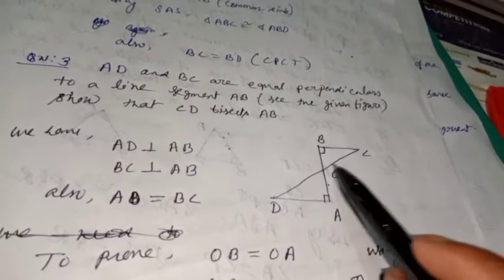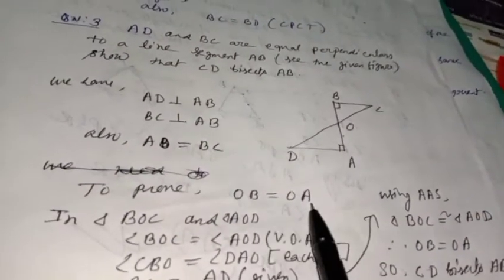CD bisects AB. That means we need to prove, bisect means equally divide, means OA is equal to OB. So to prove OB is equal to OA. For this we now need to choose two triangles having these as corresponding sides, and after that we will show them congruent, then we can say these two corresponding parts are equal.